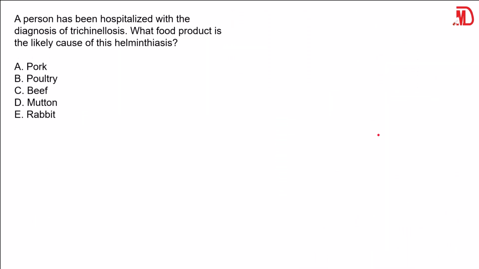Now we have a person who has been hospitalized with the diagnosis of trichinosis. What food product is the likely cause of this? Now this trichinosis is also called trichinellosis. I prefer calling that one trichinosis.